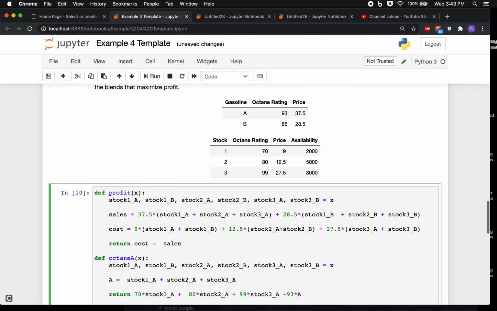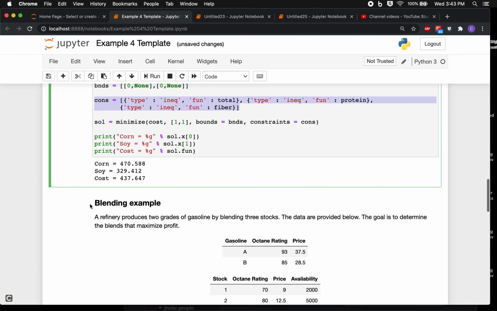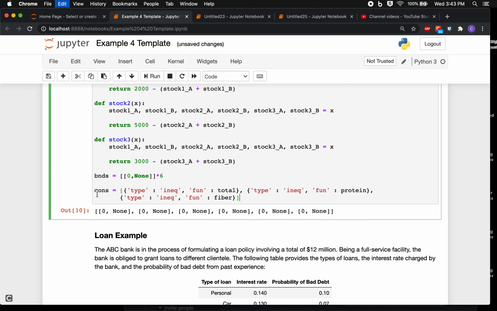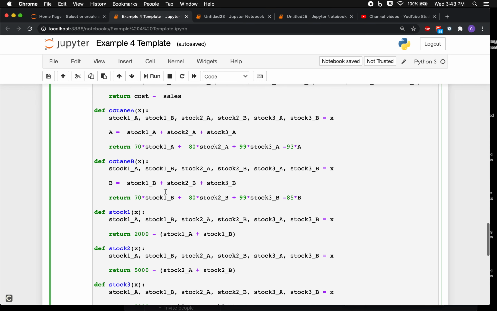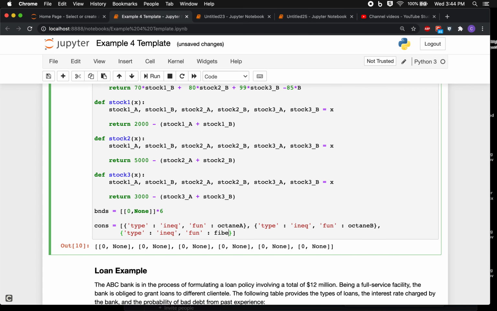Next thing we have to do is assign our constraints. Here I'm just going to grab this up here because I don't want to retype it. My first constraint is octane of A, and these are all inequality constraints. Here we have octane of B. Then our next one is stock 1, and I can copy this.